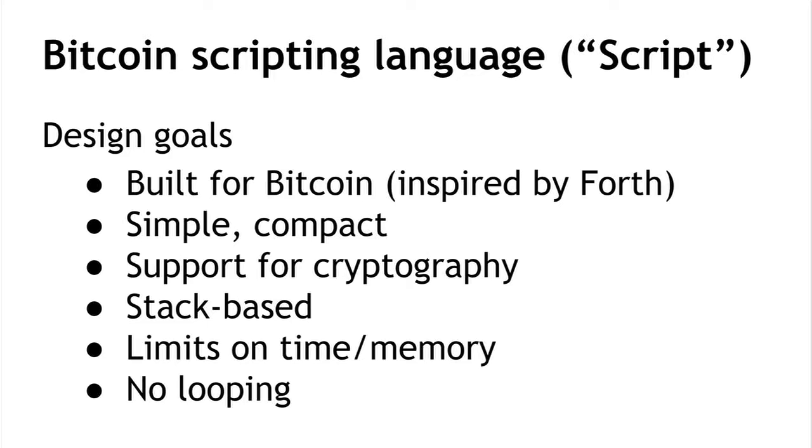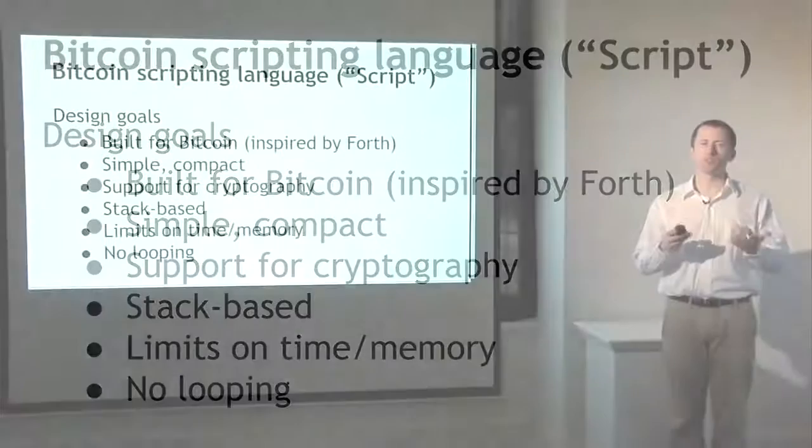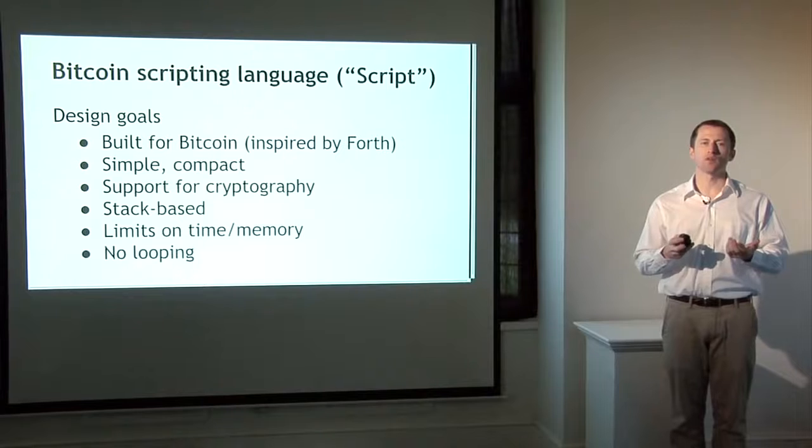So where did this scripting language come from? It doesn't really have a proper name. It's just called Script, or the Bitcoin scripting language, and it was built specifically for Bitcoin. It was probably most inspired by a language called Forth, which is an old, simple, stack-based programming language. But you don't need to understand Forth to understand Bitcoin scripting.